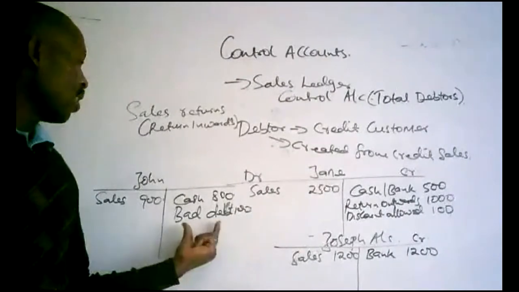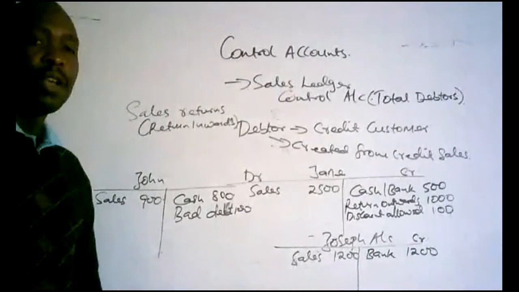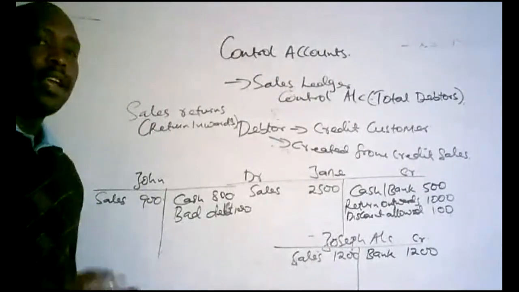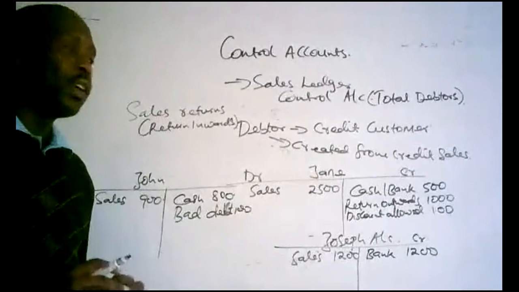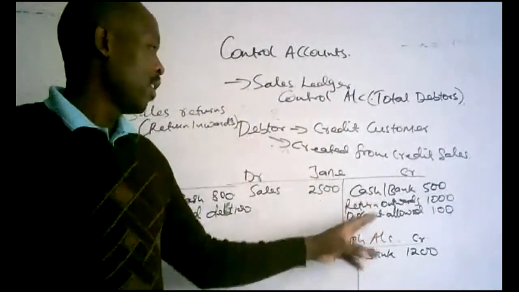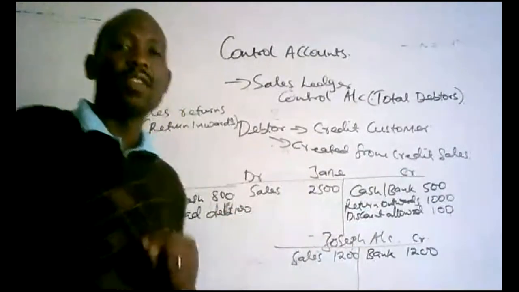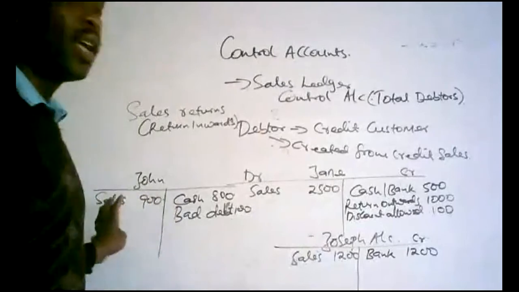So you find that is going to be on this side. So you realize that anything that is actually reducing the debtor's balance is credited, and anything that is actually increasing the debtor's balance is going to be debited.